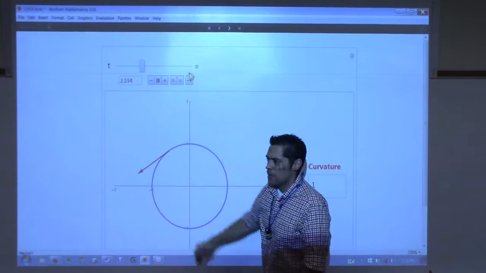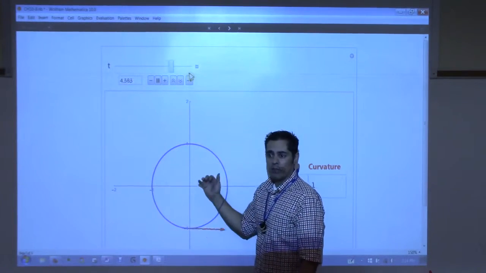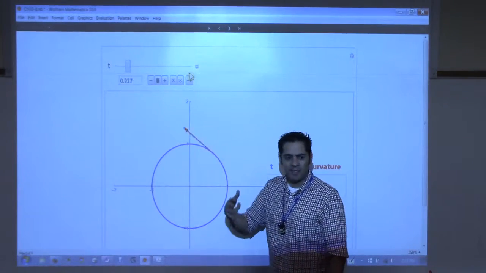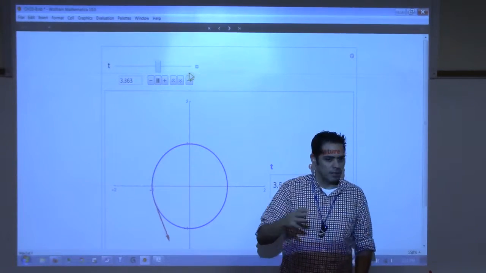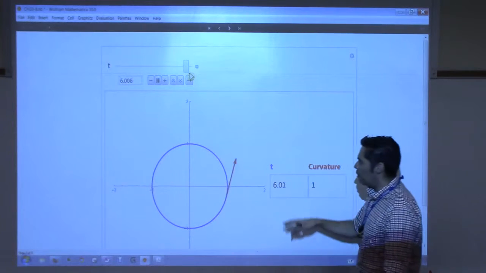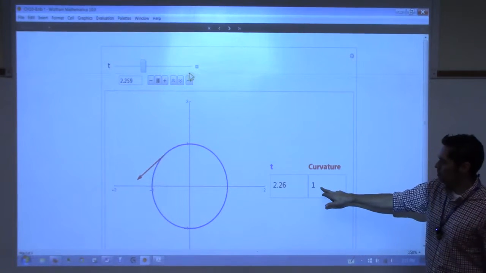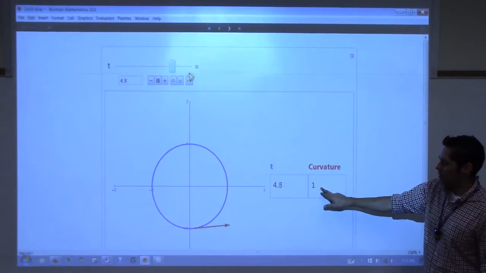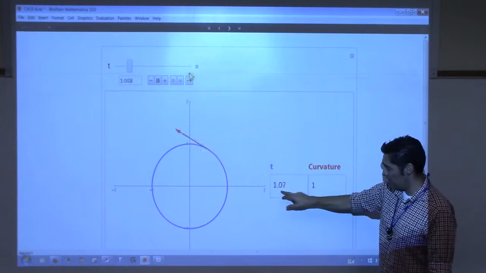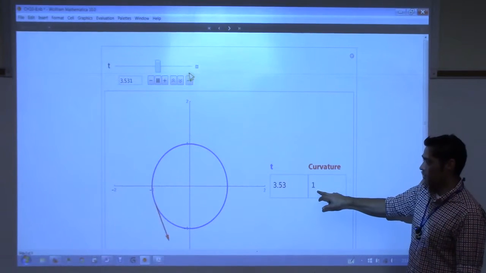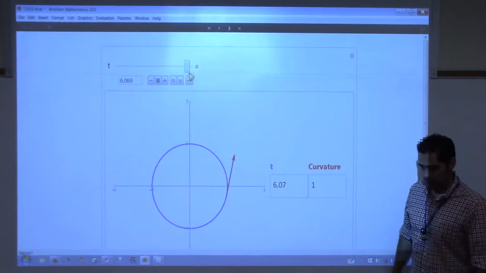Does it make sense that on a circle, at every point you should have the same tendency to turn, the same curvature? Well, if we compute the curvature, look at what it is. It's 1. It's always 1, no matter where I am. So the computer is actually changing t and computing curvature, and every single time it gets 1.